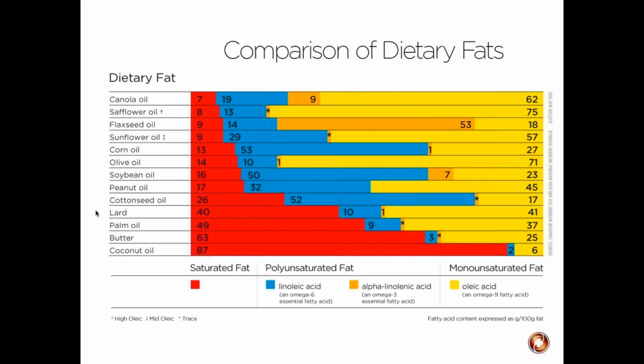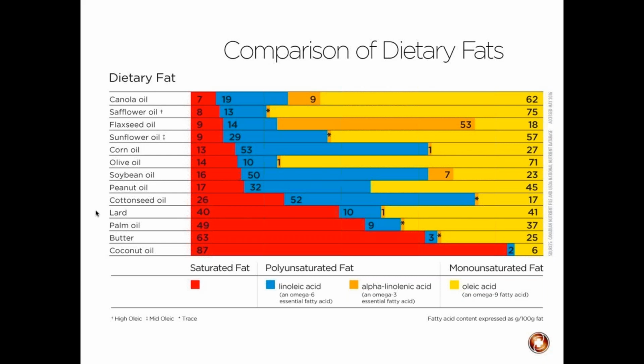Of course, this chart is not all inclusive to every fat source available, but I do feel like it's an easy visual that you can use with patients and families that helps them identify that olive oil, for example, is primarily monounsaturated fat, and soybean oil is primarily omega-6 in the form of linoleic acid.